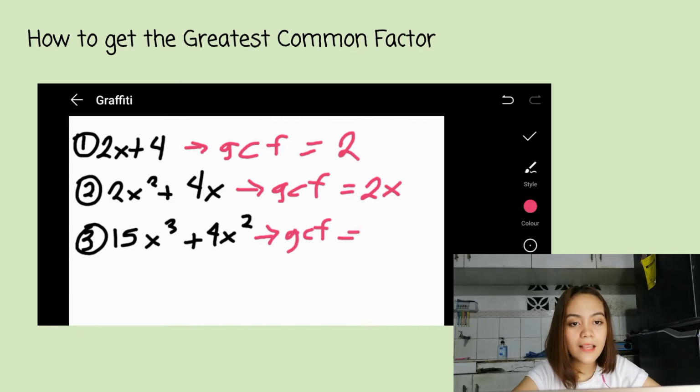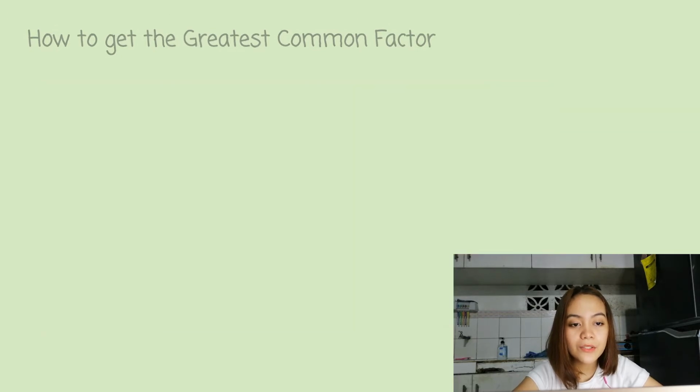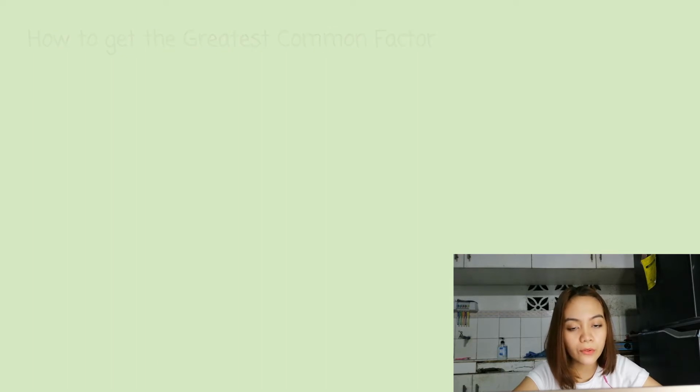And for the last example, notice that in our coefficients, there is no common number that can divide 15 and 4, which means we'll only have the greatest common factor in the variable, and in this case, the greatest common factor is x squared. So from those 3 examples, we can find the greatest common factor of a given polynomial, which we're going to use in factoring using the greatest common factor.